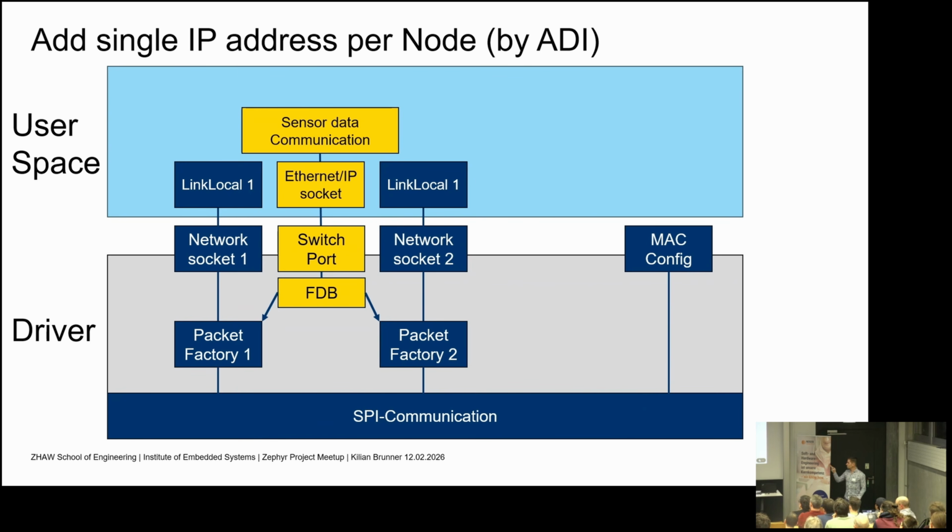And then integrated in the driver, I will have a small filtering database. So if a packet, an IP packet is coming inside my driver, the driver will remember on which port it was coming in, and therefore it will also answer back on that very port. So I don't need any more 2 IP addresses. This part will be integrated by Analog Devices together with us.